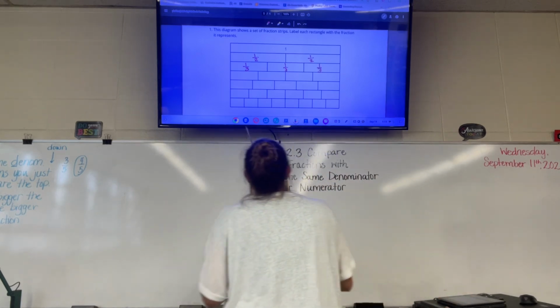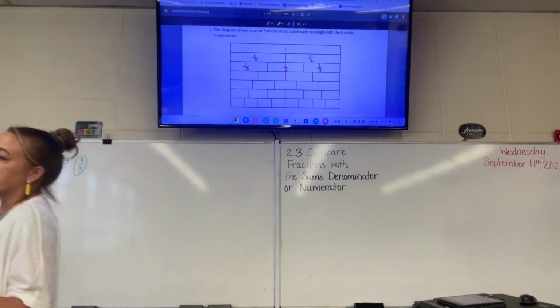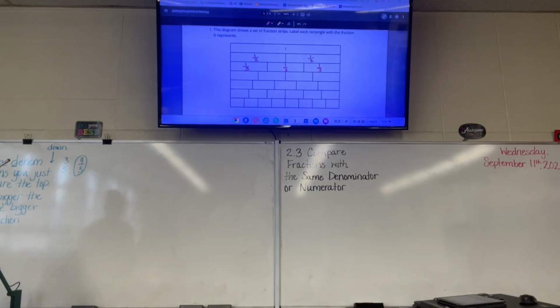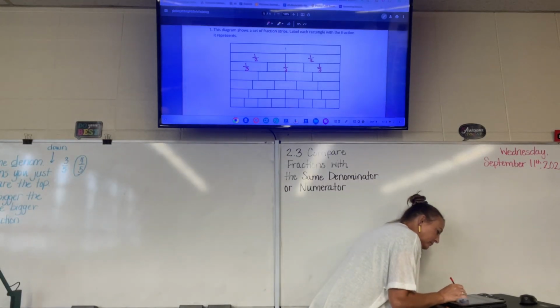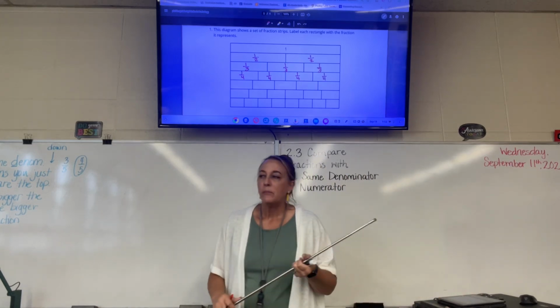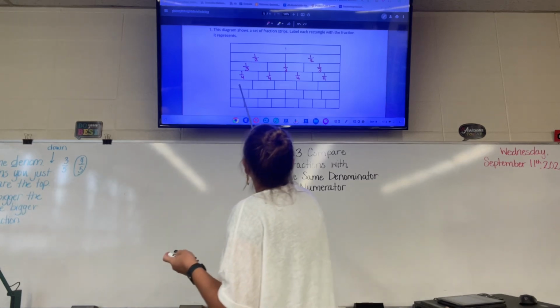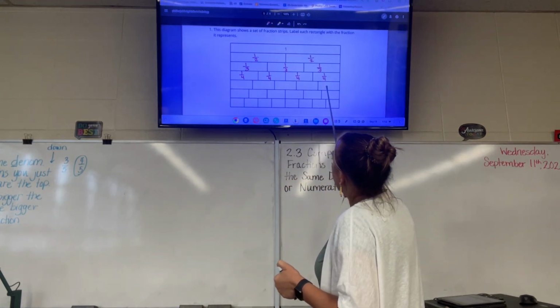Okay? On the next one, it's split into 4 sections. Jackson, what should I write on all of them? 1/4. Yep, 1/4. Next, how many sections is it split into? 5.